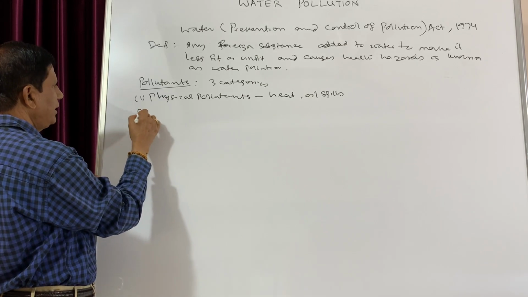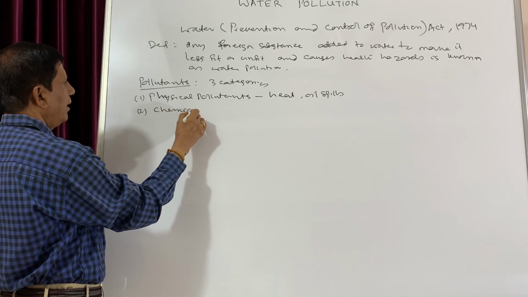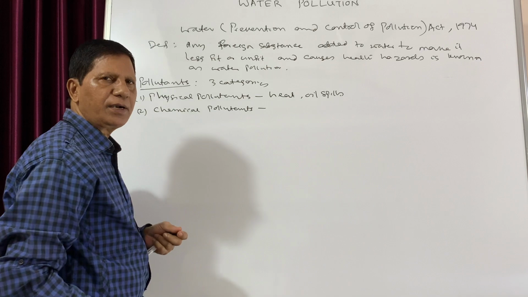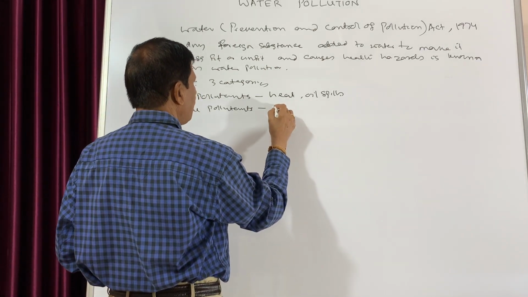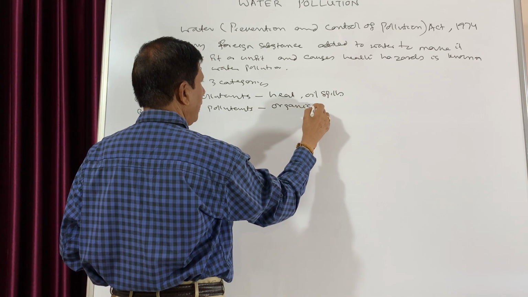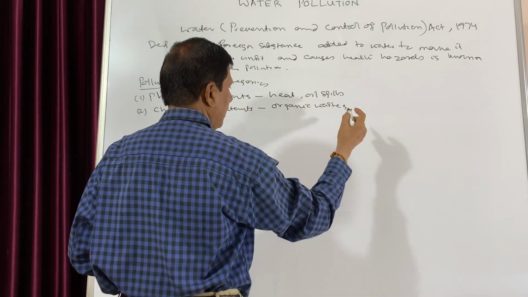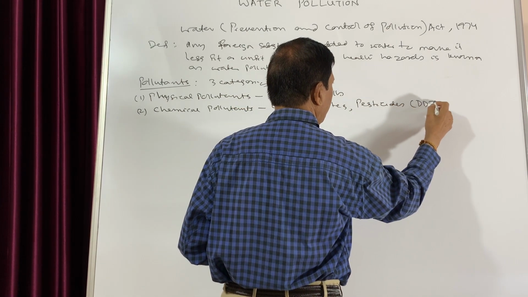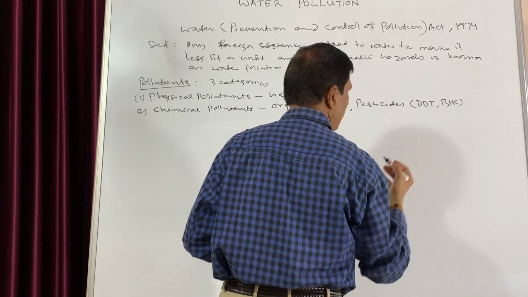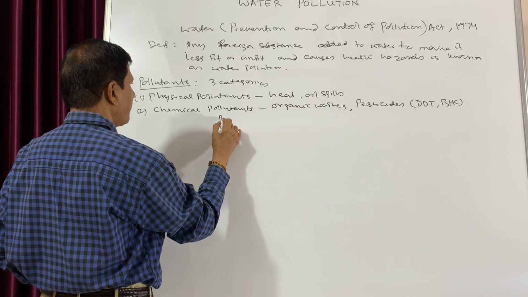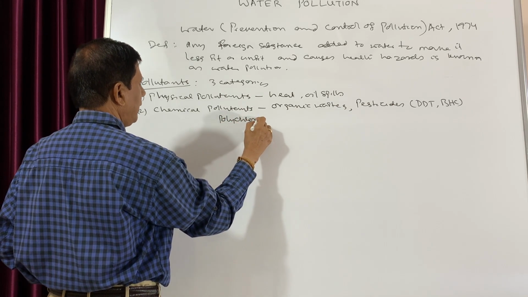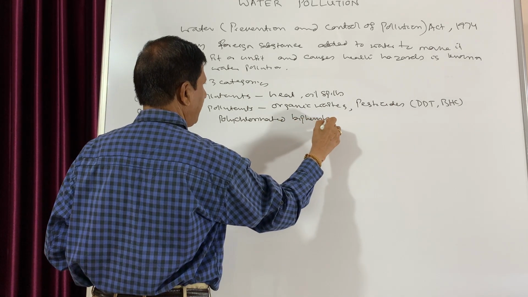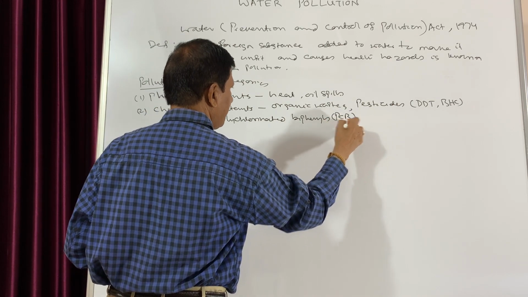Then the second one is chemical pollutants. The chemical pollutants usually include organic waste, then pesticides like DDT and BHC, then polychlorinated biphenyls, in short known as PCB.